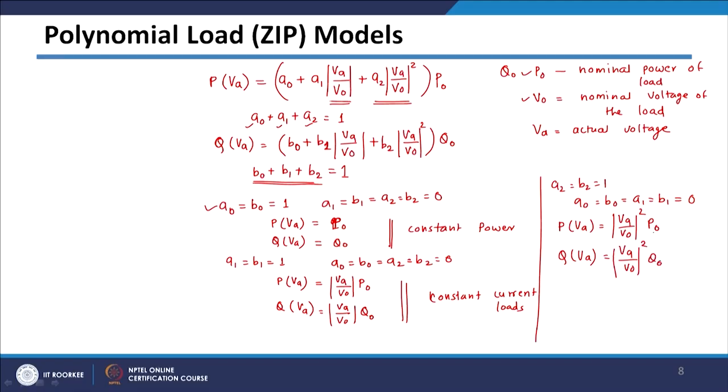So you can see that the powers become proportional to the voltage squared, and that is the characteristic of a constant impedance load. So depending upon your coefficients, the proportion of different types of load will change, and depending upon the proportion of loads at that particular node, we can calculate the injected current.